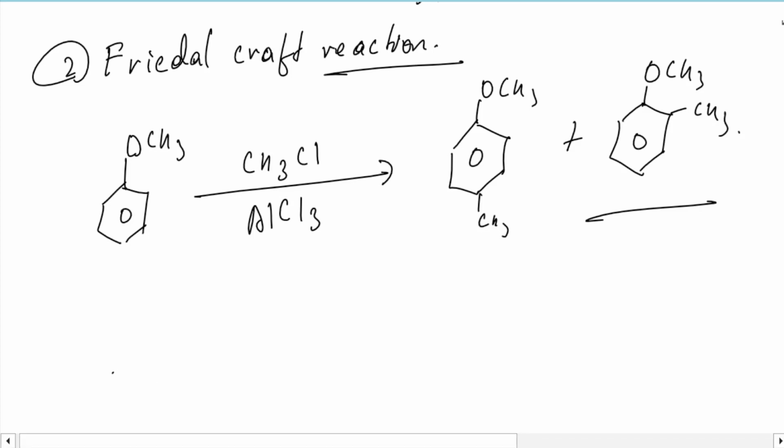Same with sulfonation, nitration, everything is similar. In nitration, NO2 will be at the ortho and para positions, and NO2 positive will be the electrophile. Same with acetylation. An extra reaction is there that's known as Fries rearrangement.